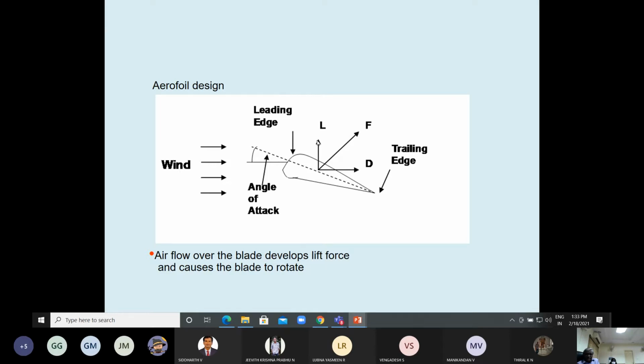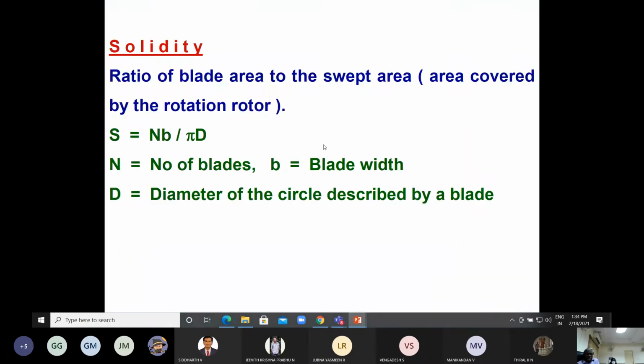The lift should always be high and the drag should always be lower. And it's a small nomenclature: the airflow over the blade develops lift force and causes the blade to rotate. Because of the lift force, the blade is getting rotated.